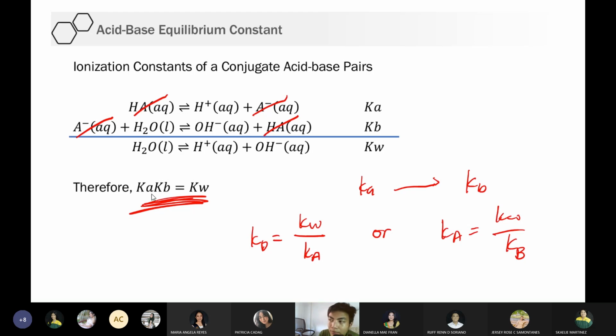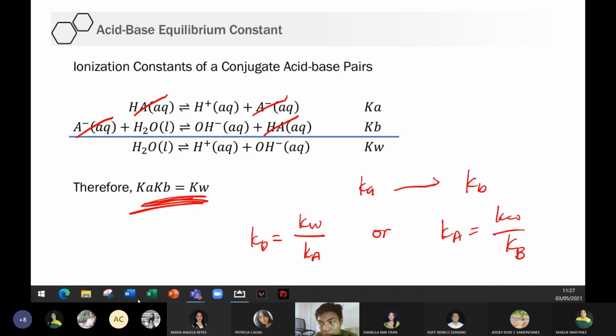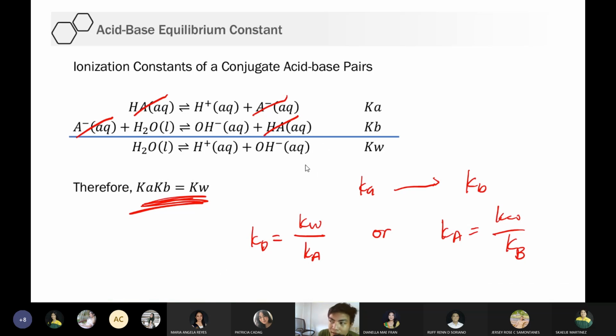It's just like pH, right? This one is for H, this one is for OH, and it equals the water constant. However, in our case, we used the equilibrium constant. Just in case I say the Ka of this acid is this, calculate for the Kb.